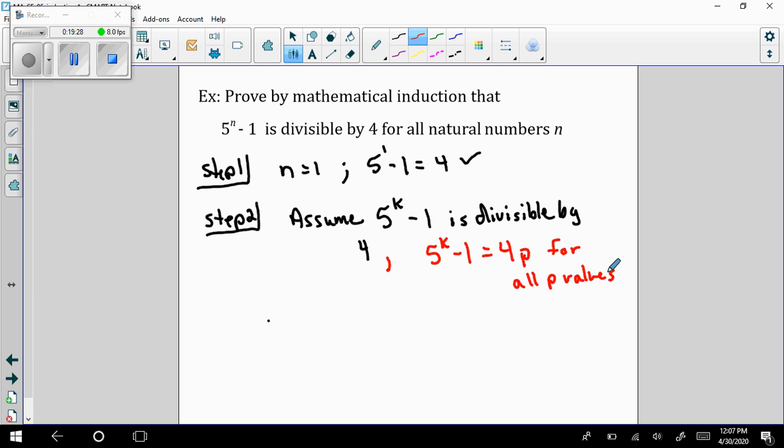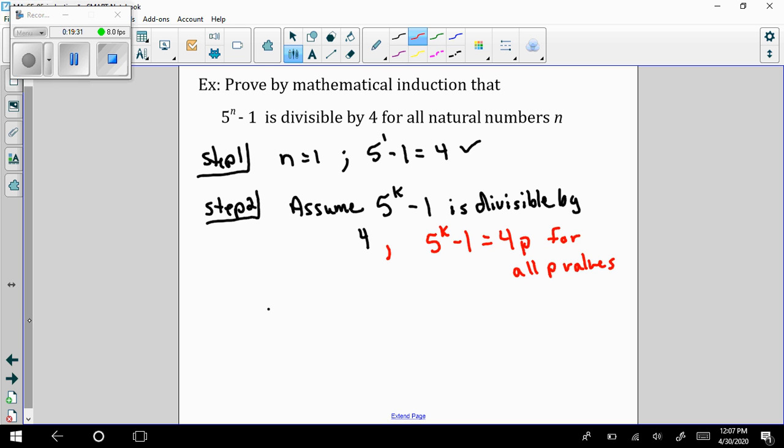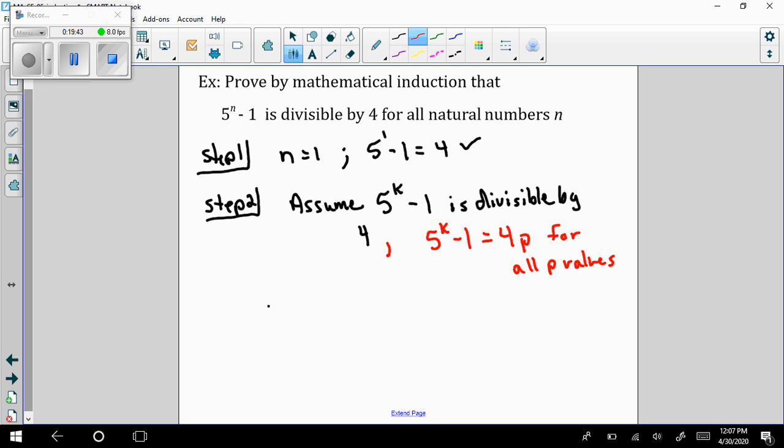So when you're doing these divisibilities or multiples of, you have to make this new statement where you're taking a number and multiplying it by, in this case, the 4. So what I should get is a number that's going to be divisible by 4 by showing if I multiply it by 4, it's divisible by 4, if that makes any sense at all.